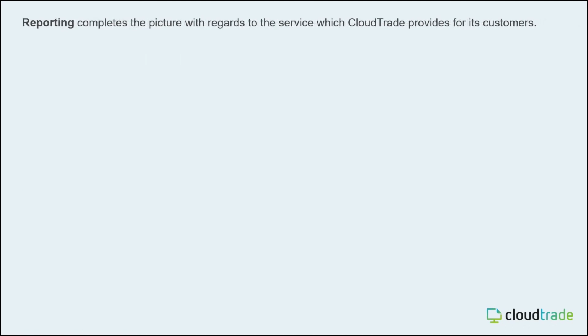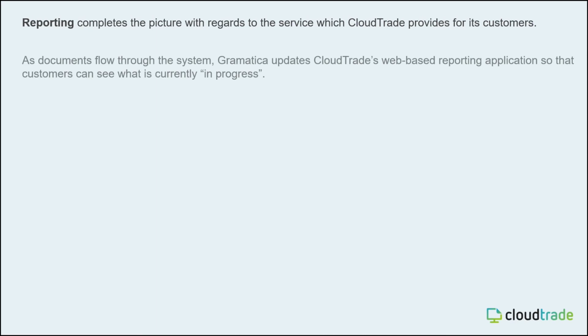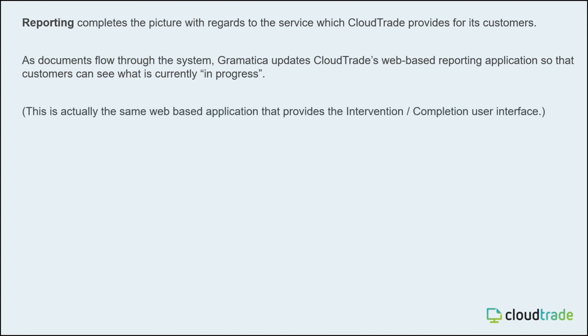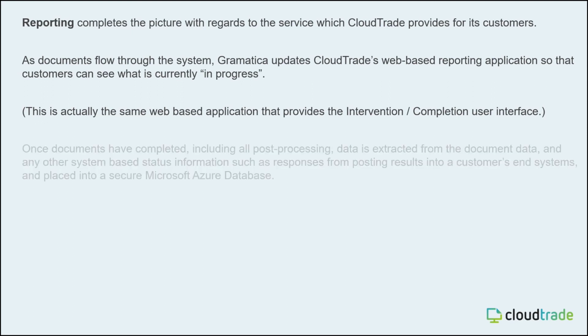Finally, we have our reporting service, which allows our customers to see the documents flowing through their system, to see what's currently in progress, and that's all online and real time, obviously. It uses the same application that we use for intervention and completion.